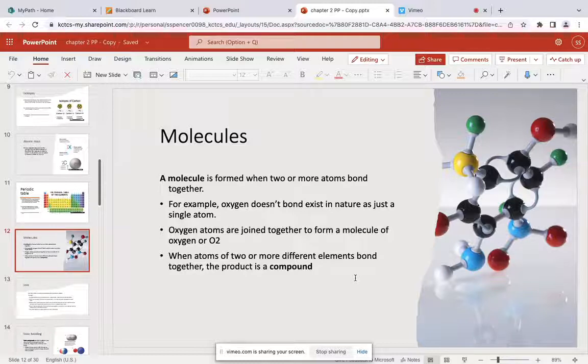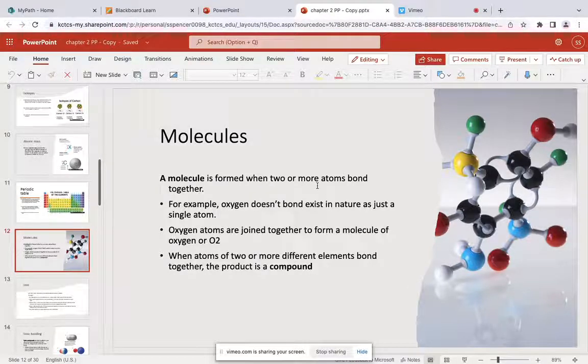The answer is C2H6O because it's atoms of two or more different elements bonding together. So that's what makes up a compound. All of those are molecules because it's two or more atoms bonding together.